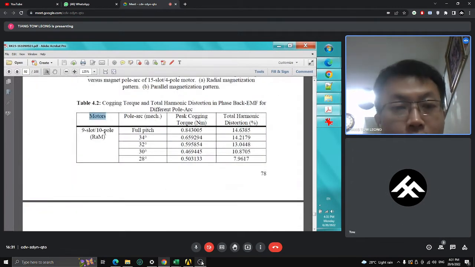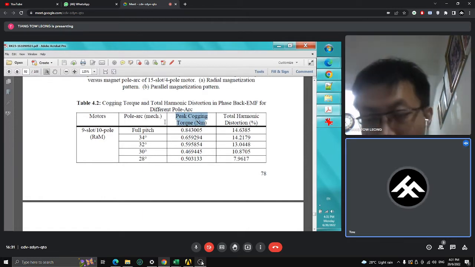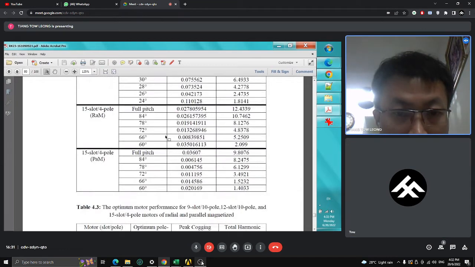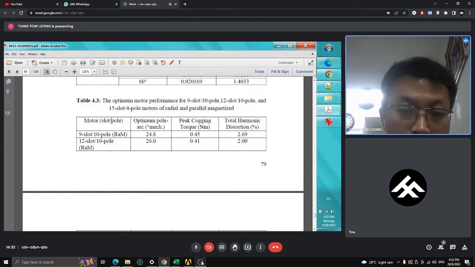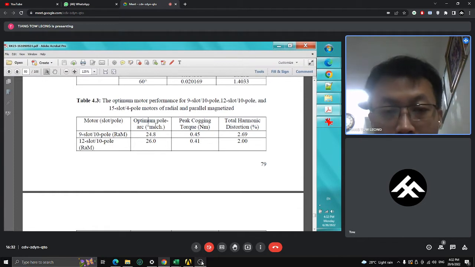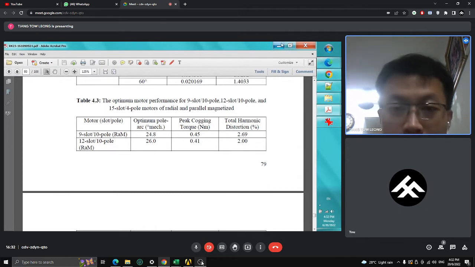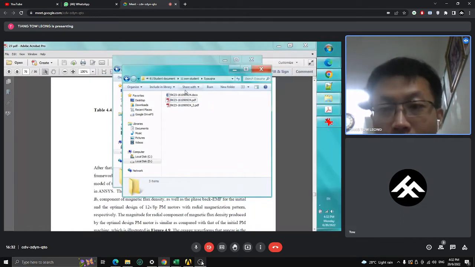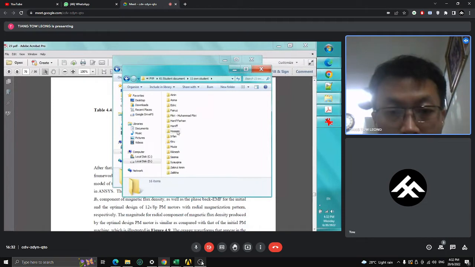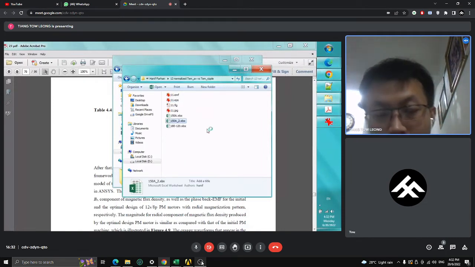You need to have a motor. You need to have your motor. Pole arc kena masuk. And then this one is your electromagnetic torque. Sorry, I opened the wrong one. Optimum, sini. Yang you follow table 4.3 yang dia punya. So motor, I think motor tak perlu masuk tak apa. Tapi ni, tak bagus juga lah. Let me construct one for you. Let me construct one for you, whereby I put, create one for you.